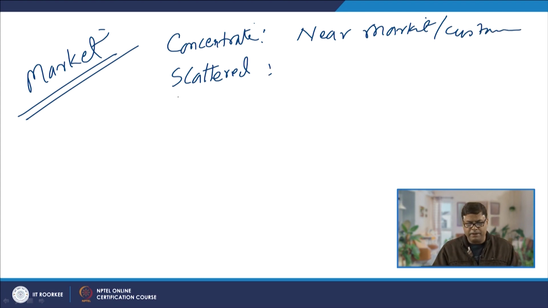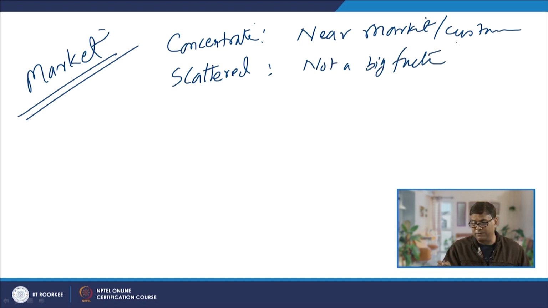And if the product demand is scattered, meaning the market is scattered, then it is not a big factor in selection of the plant location.